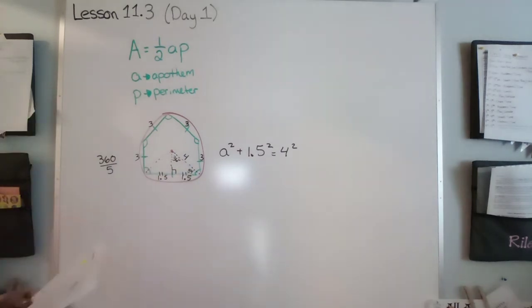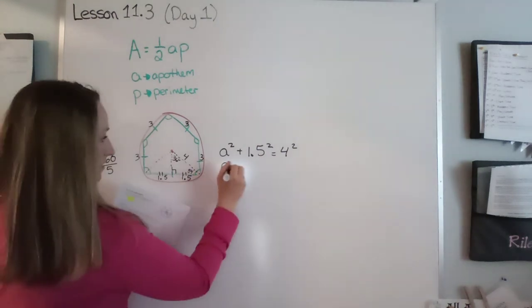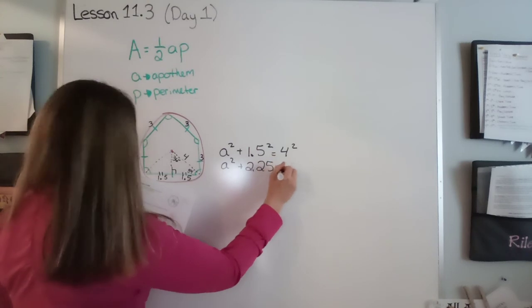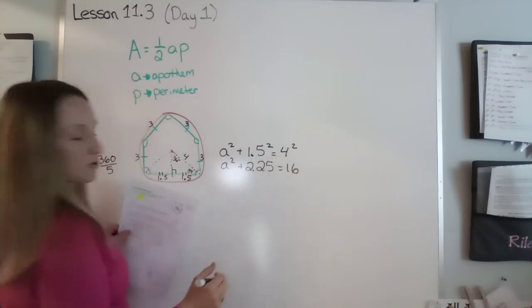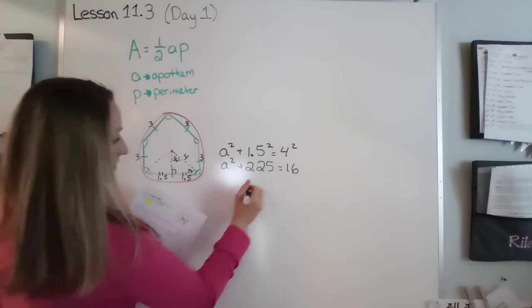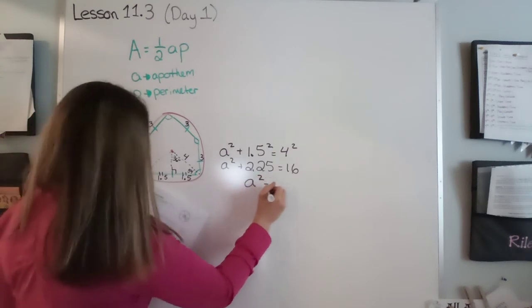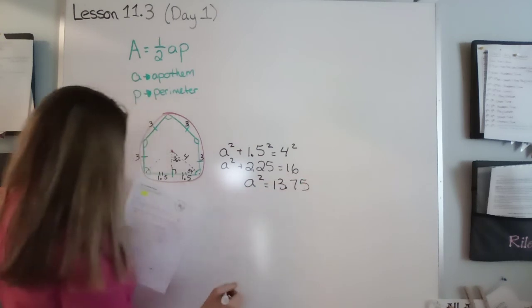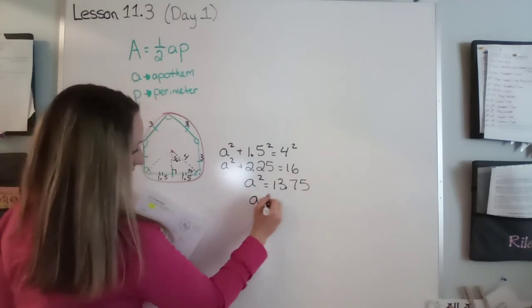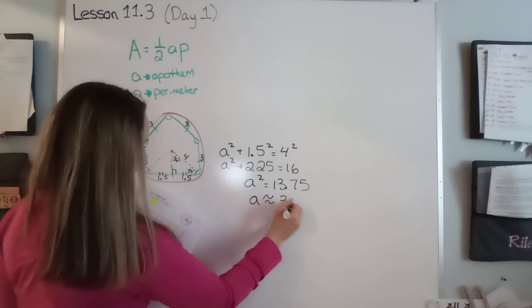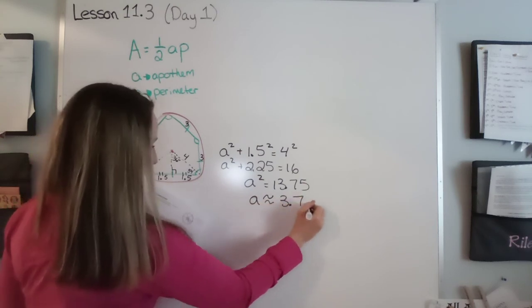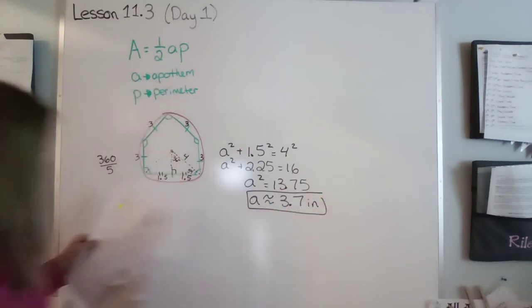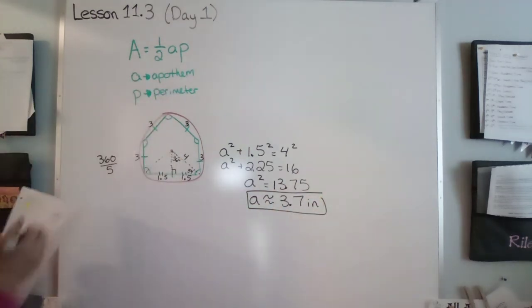So we'll work through that to get a squared plus 2.25 equals 16. Subtract 2.25 from both sides. So you have a squared is equal to 13.75. And then take the square root to get a is approximately 3.7 inches. So that's part A of problem 3.